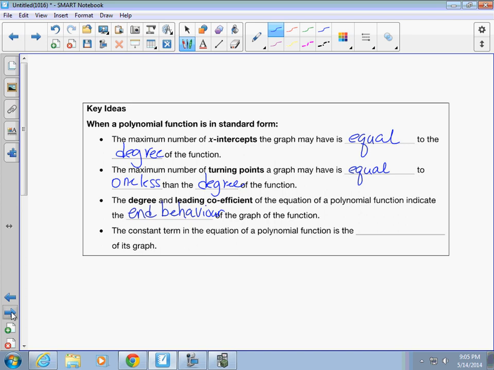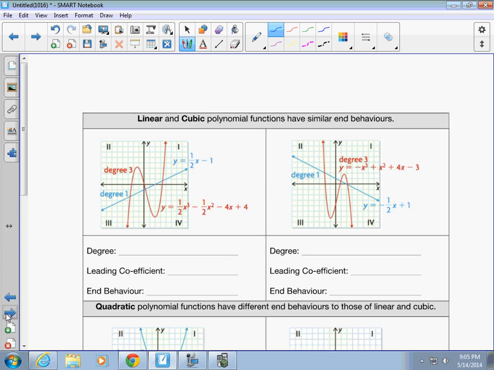For a negative cubic function, I would start in 2 and end in 4. So it says a constant term in the equation of a polynomial function is your y-intercept on the graph. Okay, and I think that should be good.